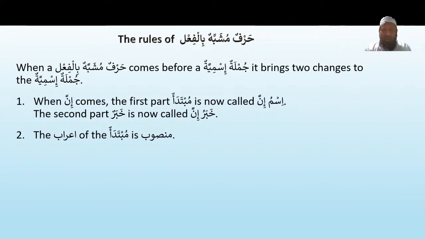The rules of harful mushabbahun bil fi'l, or the rules of inna wa akhawatuha. When a harful mushabbahun bil fi'l comes before a jumla ismiya, it brings 2 changes to the jumla ismiya. Number 1, when inna comes, the first part, mubtada, is now called ismu inna.